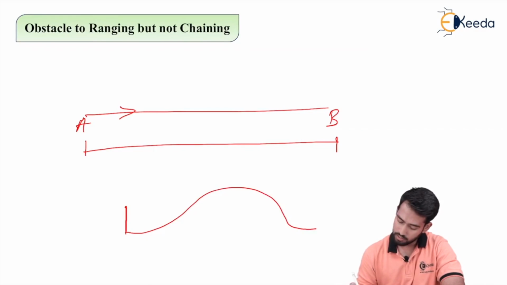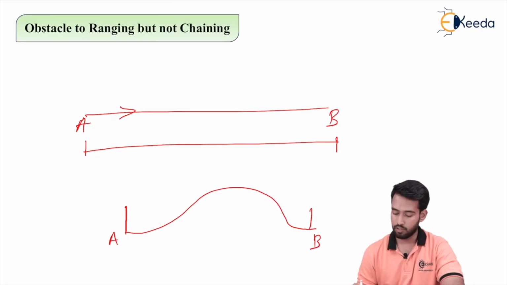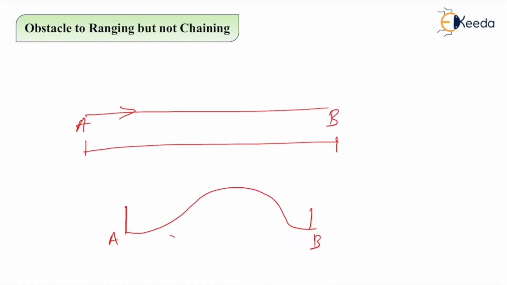Suppose there is a point A and a point B. So there are two ranging rods A and B, which are separated by a hill or an elevated portion, because of which we cannot do the ranging, but we can chain it by using the indirect method of chaining. So what we have to do? Simply we can establish a line AB, or say line PQ, on the ground.